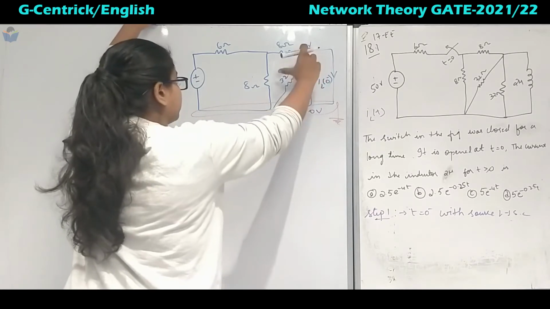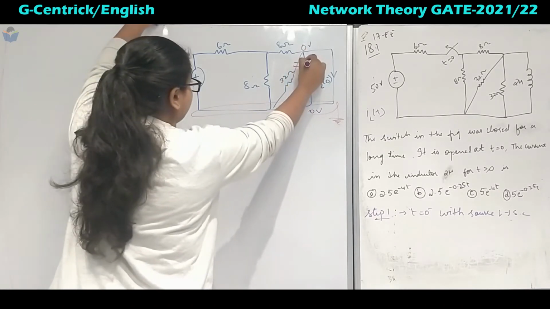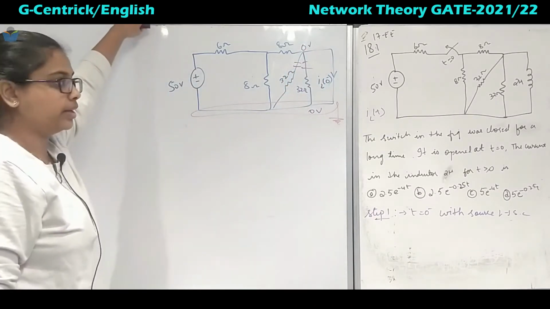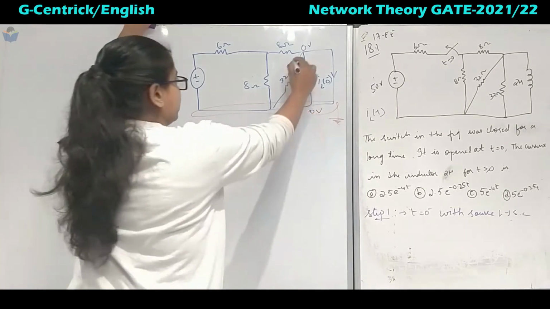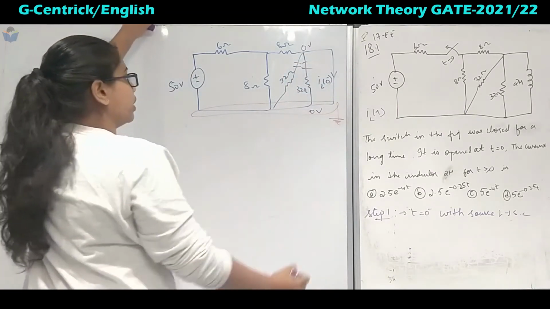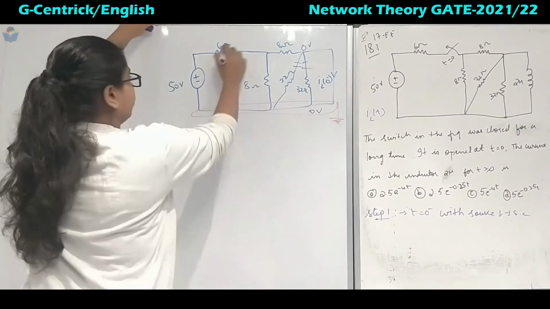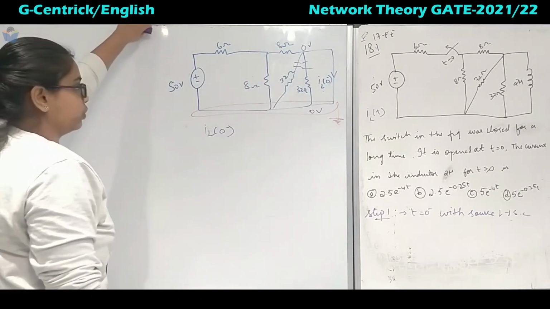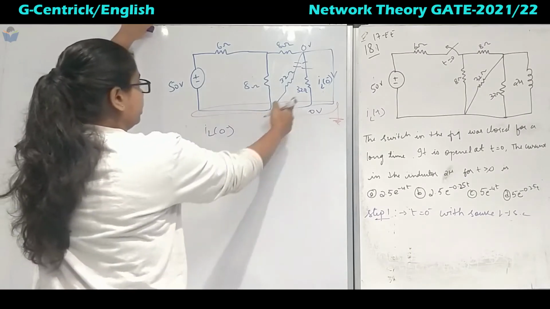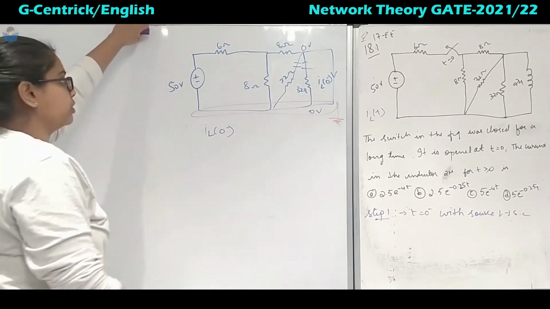This element also does not count, this element also does not count in the calculation. So now this is a short circuit path. Since we have to find IL of 0 minus, we have to know the total current in the circuit. Once we know that, it is easy to get IL of 0 minus.